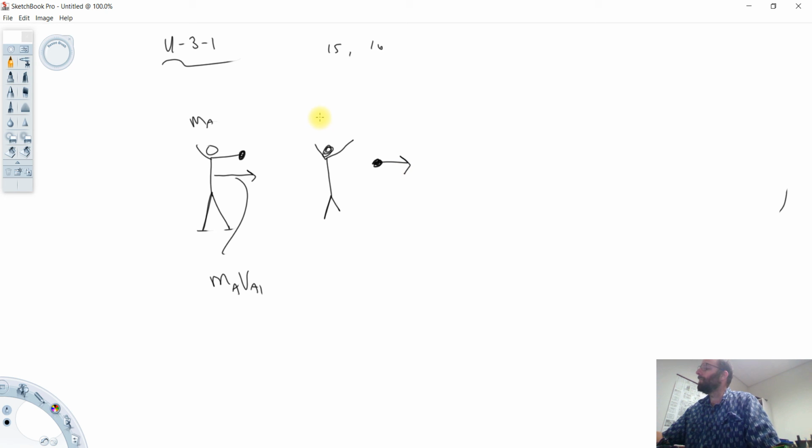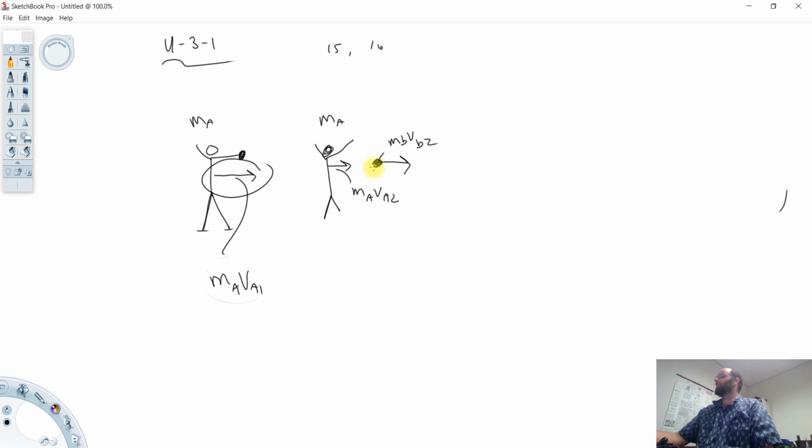This is the same person. So what's going to happen is the momentum of that person is going to drop a little bit. So we're going to have an M_A V_A2 and now a mass of the ball, velocity ball, picture 2. Now write a momentum equation equating this momentum vector to the sum of these two. And I'm positive you'll be able to solve for something.